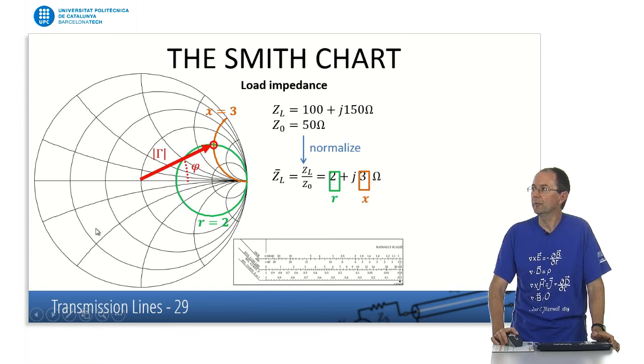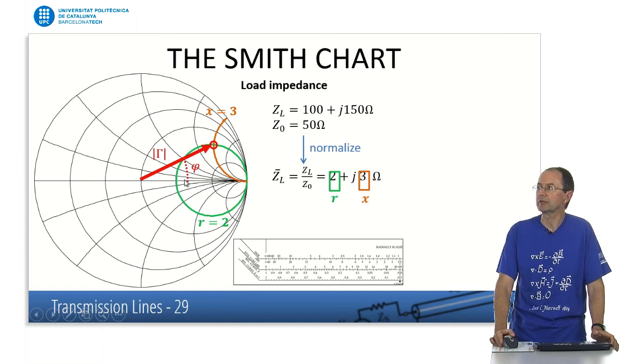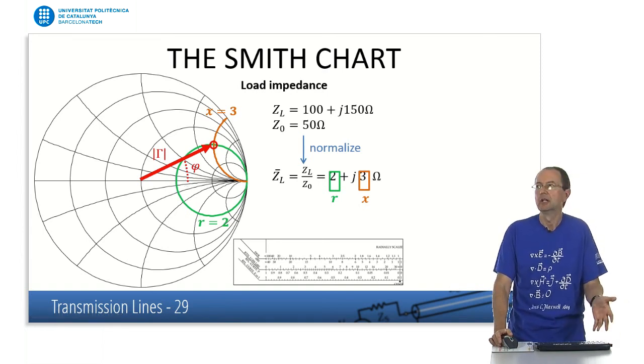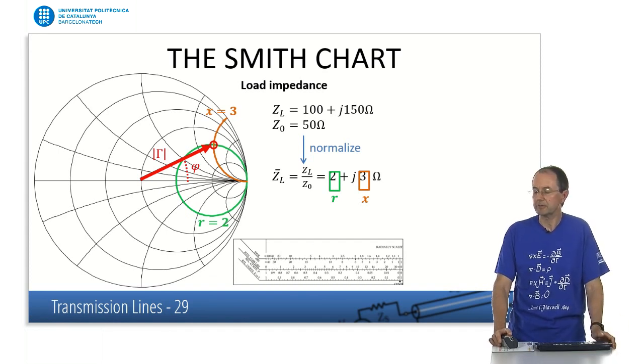And now, from the center of the chart, the radius of this point is actually the modulus of the reflection coefficient gamma. And this phi parameter is the phase of the reflection coefficient. So the Smith chart gives us directly, or relates directly, reflection coefficients and impedance, real and imaginary parts.